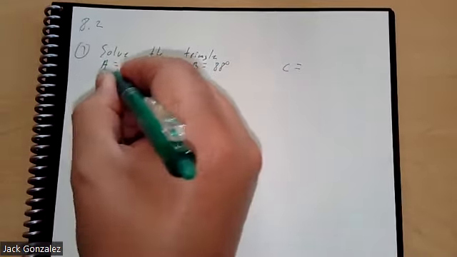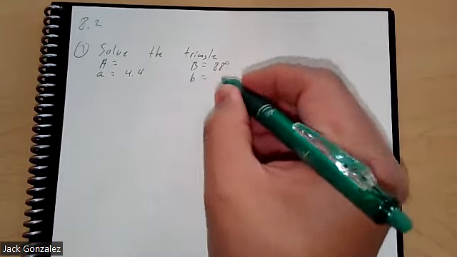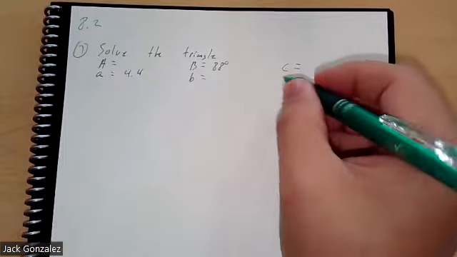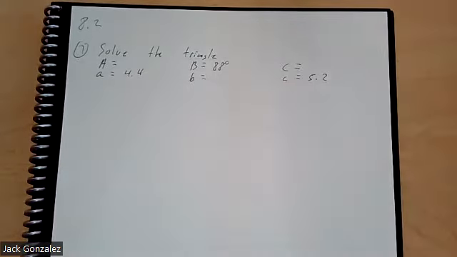C is not given. 4.4. B is not given. Little c is 5.2. So by looking at this, can you tell that it's law of sine or law of cosine? Does everyone see why it's cosine? Let me know.